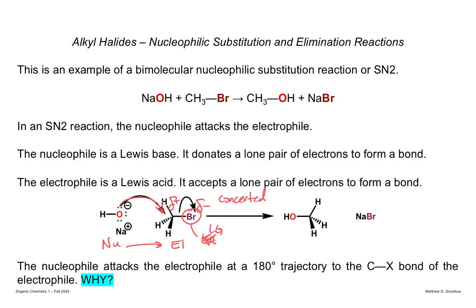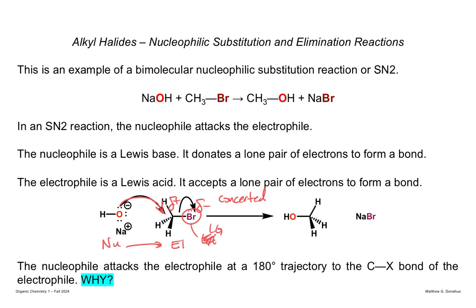Another thing we have to talk about is the timing of how those arrows move. The nucleophile attacks the carbon, and then that carbon leaving group bond is breaking. In the timing of that, we want to think of it as sort of concerted in a way.